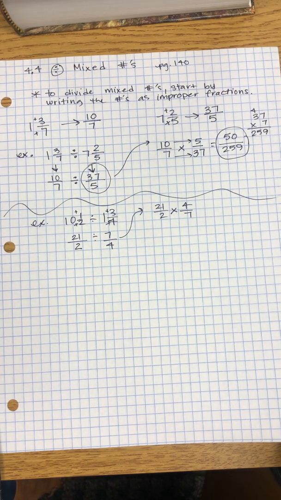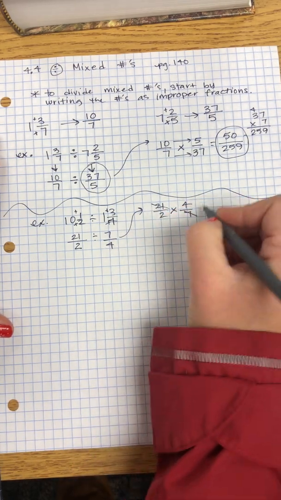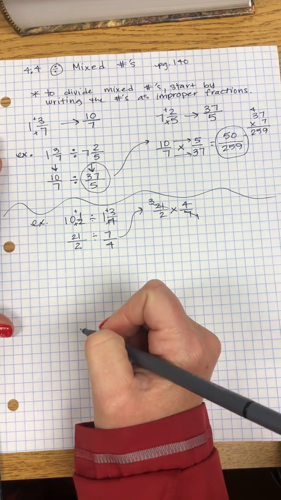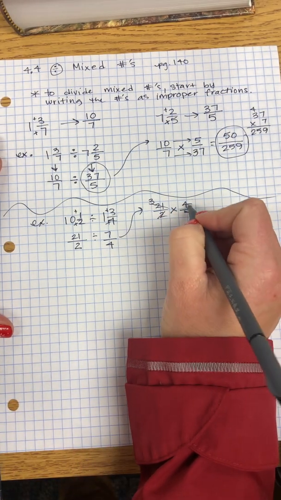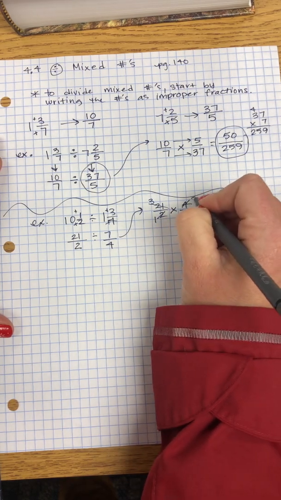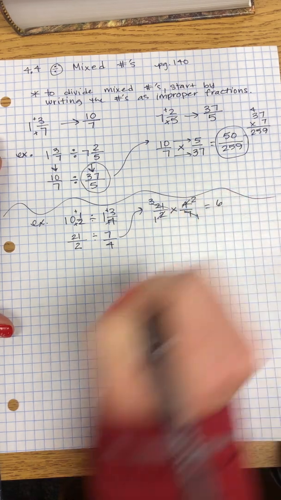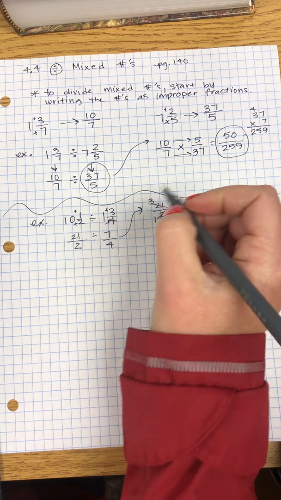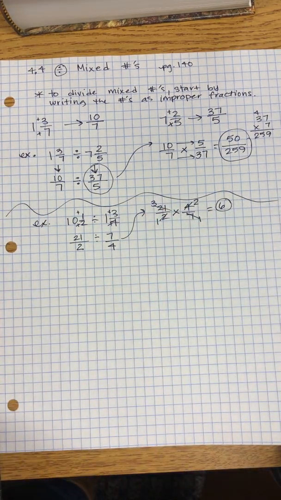Paul, what do you notice? 7 goes into 21 3 times, and 7 goes into itself once, so those can be reduced. 2 goes into 4 twice, so 2 and 4 also can be reduced. Even though we started with big numbers like 21 times 4 and 2 times 7, we get an answer of 6.